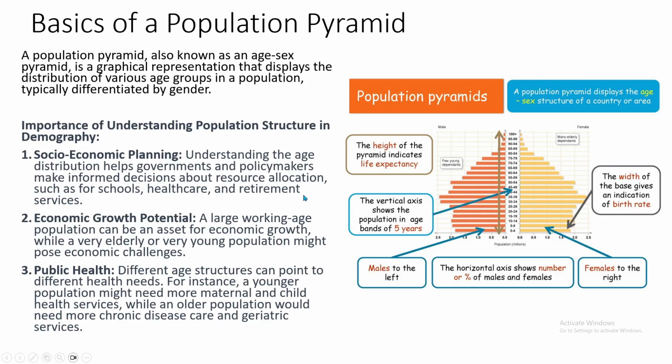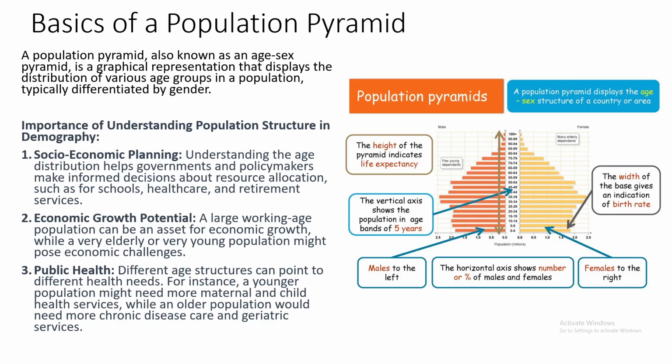retirement services. Now, this does not have to be on a national scale. It doesn't have to be just for an entire country. It can be looking at a state level, and it can even be looking at local district levels, just like a suburb. So for instance, Pimpama has a very young population. What does that tell government policymakers when they look at the population pyramid?